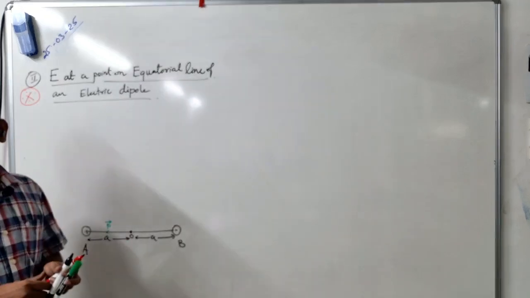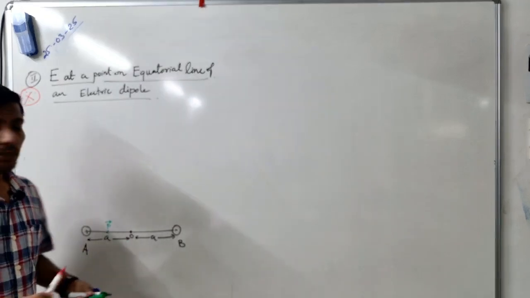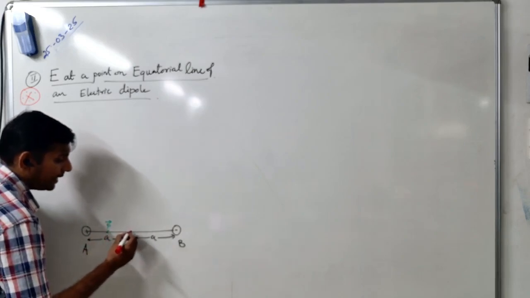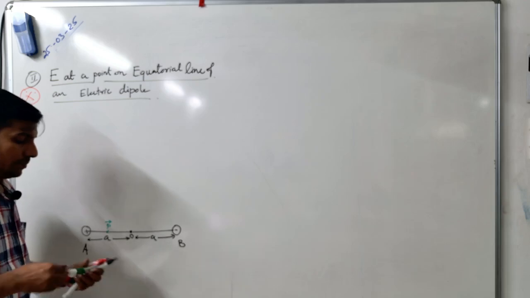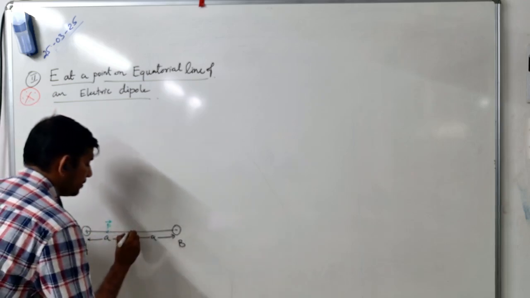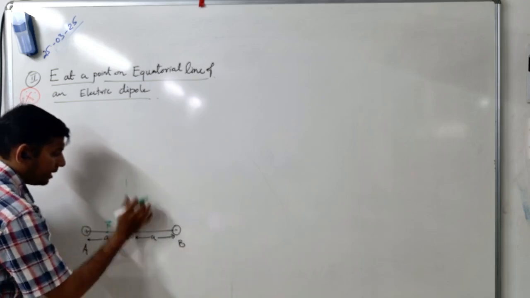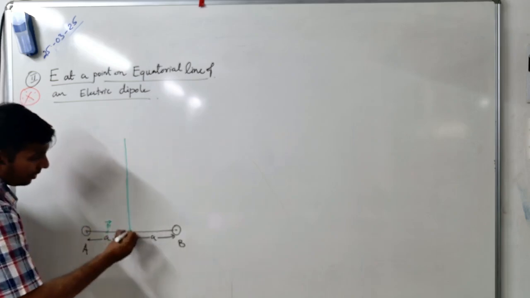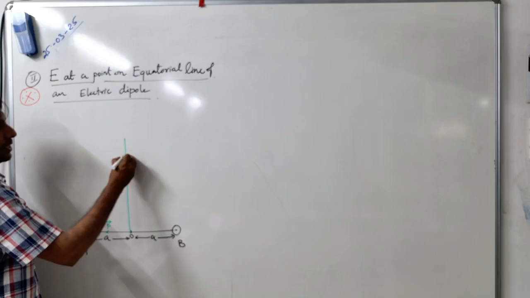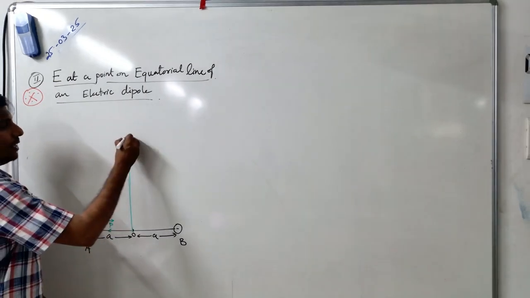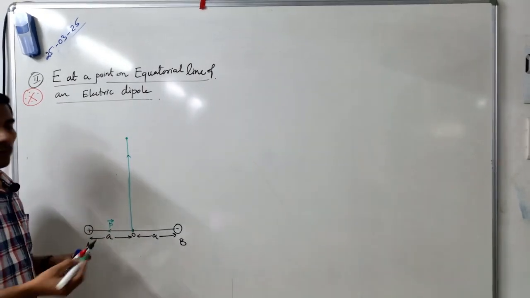So I am going to mark a point. Any measurement must be done from where? From the origin. So from the origin, I travel a distance of r in this direction, and I mark a point. What do I call the point?